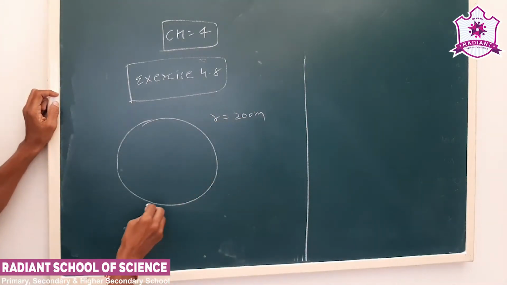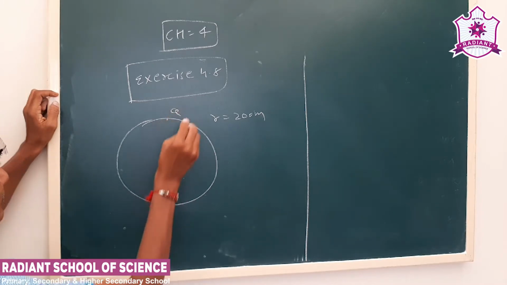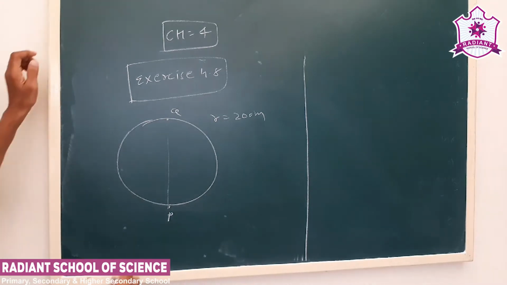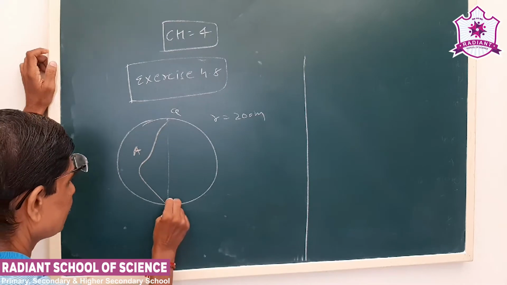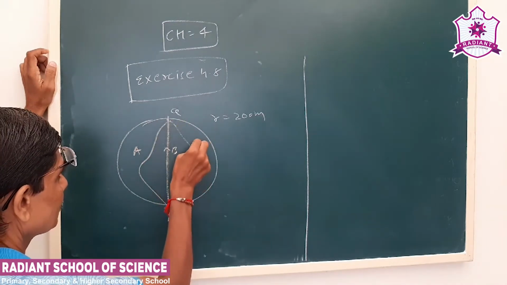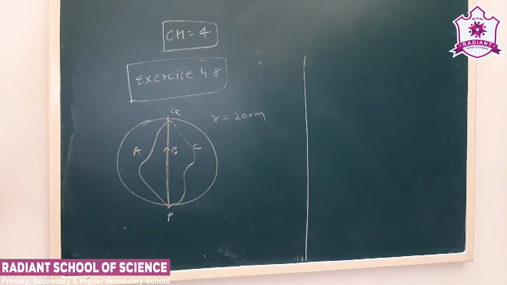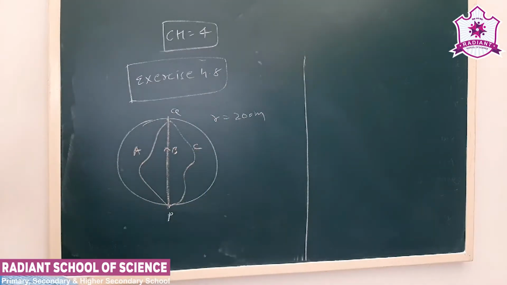See the path covered from P to Q. A moves on this path, then this is the path for B, this is the path for C. Okay, what is the magnitude of the displacement? Okay, now displacement, we know it has nothing to do with the path followed.